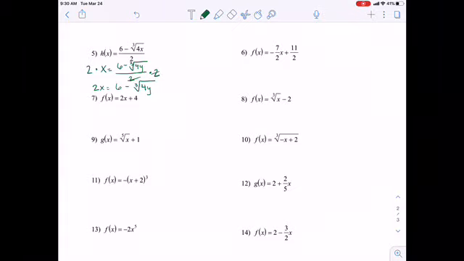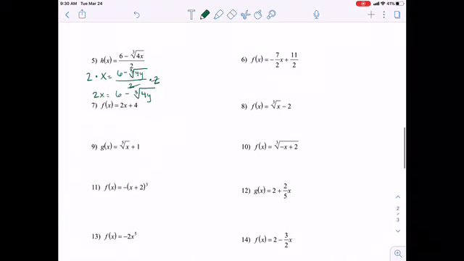Now I still want the y alone, which means I need to get rid of that 6 first. So I'm going to subtract the 6 over to the other side. Now remember, we cannot combine a 2 who has an x on it with a 6 who does not. So I'm just going to go ahead and leave those separated. It will become 2x minus 6 equals the negative third root of 4y.